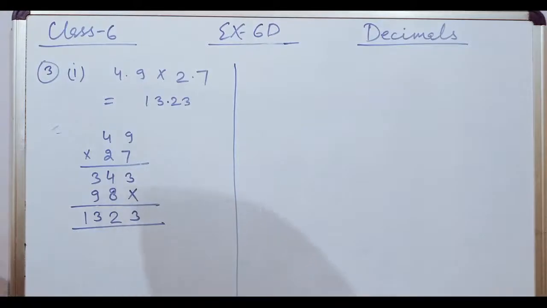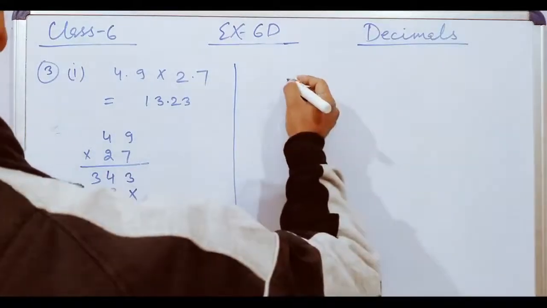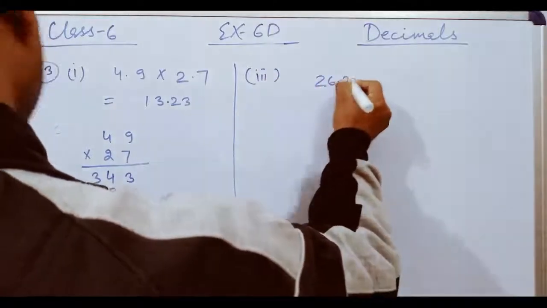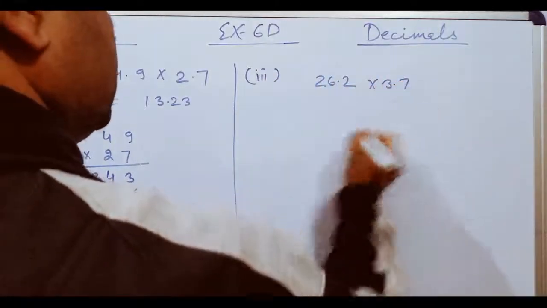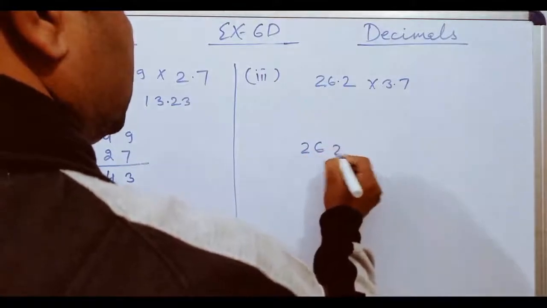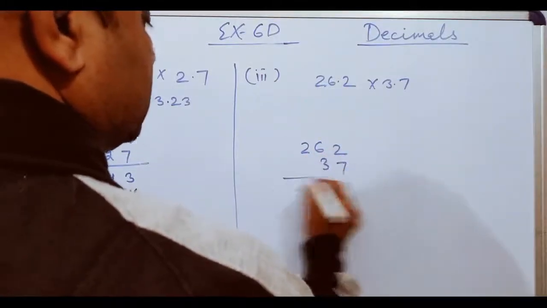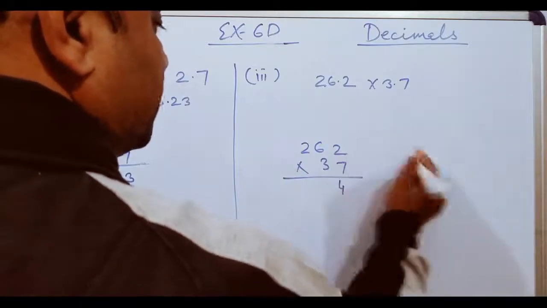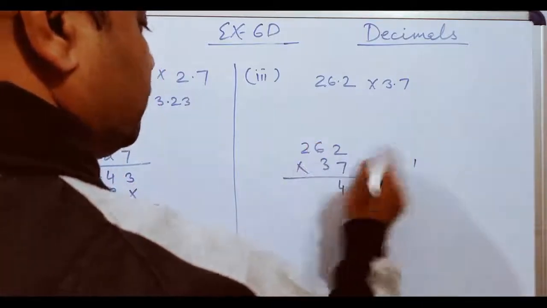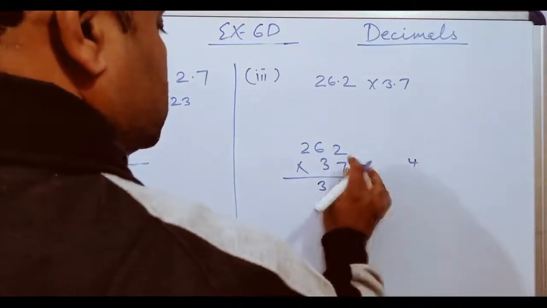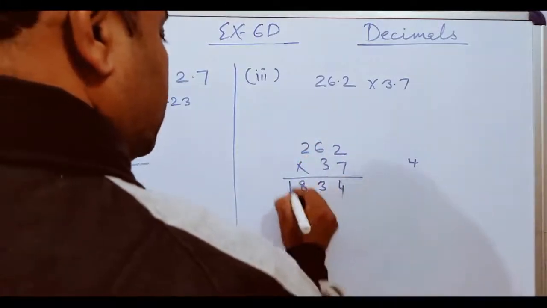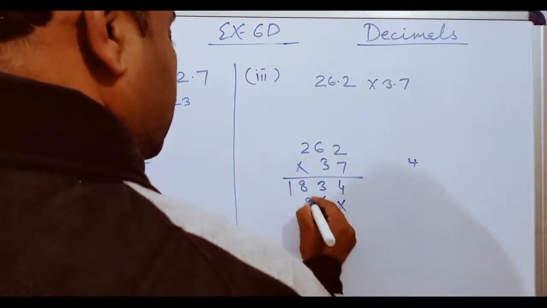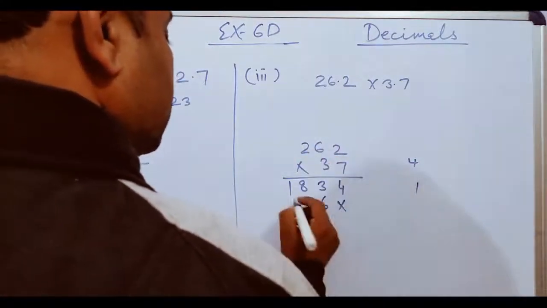Now third part, 26.2 into 3.7. Multiply 262 by 37. 7 twos are 14, carry 1. 7 sixes are 42, 43, carry 4. 7 twos are 14, 4 is 18. 3 twos are 6, 3 sixes are 18, carry 1. 3 twos are 6, 1 is 7.